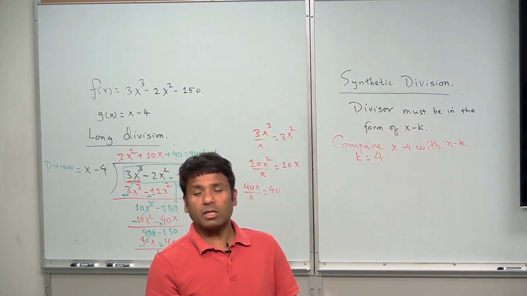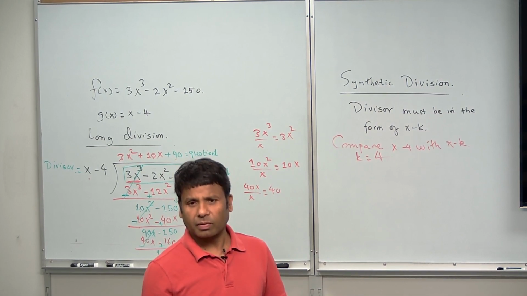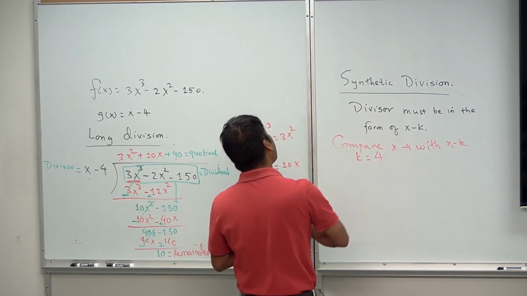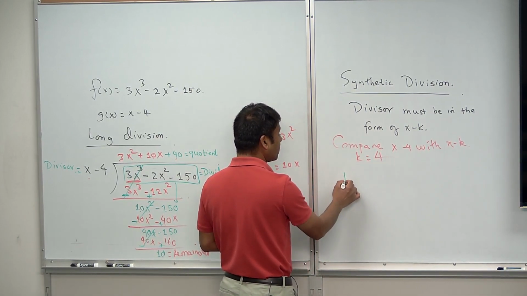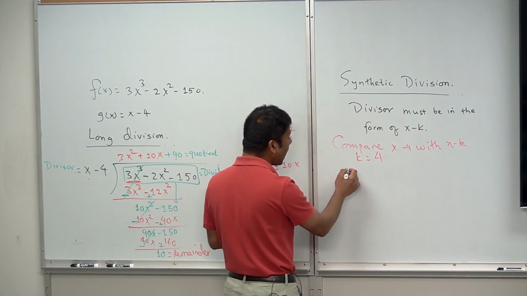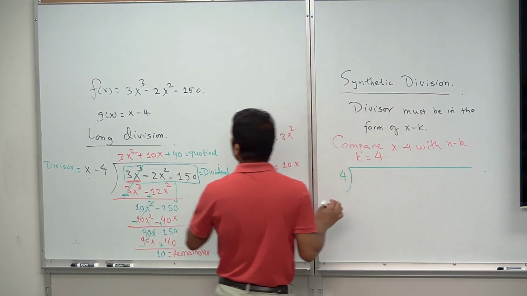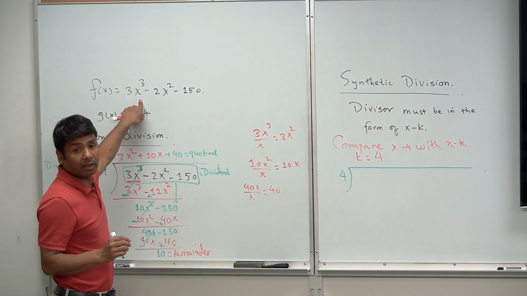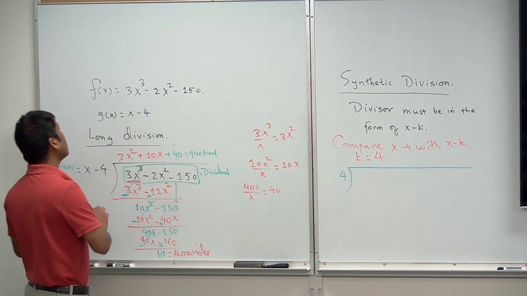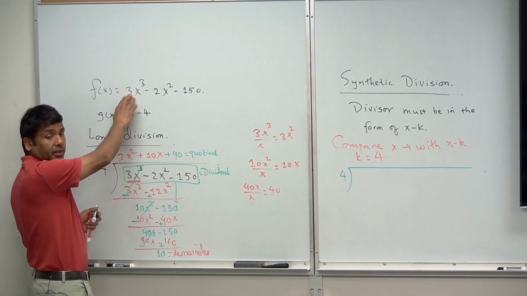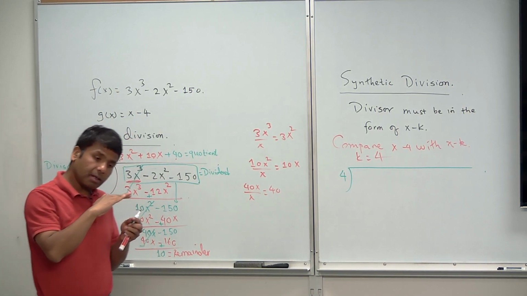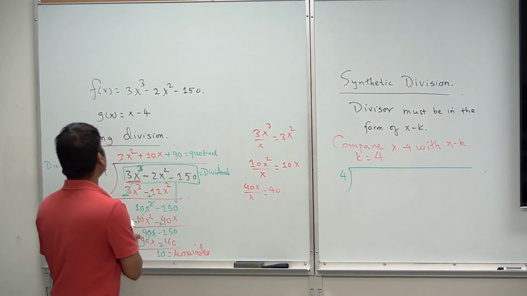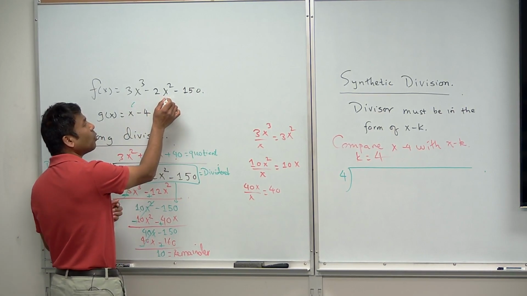The value of k is 4. Does that make sense? So now, if you want to use synthetic, you write down the value of k here. This is 4. Okay? And then you list the coefficients of the variable. And one thing you have to know is it must be in standard form. Standard form means in the decreasing power of the variable. Like you see, this is x cubed, x squared, and so on.